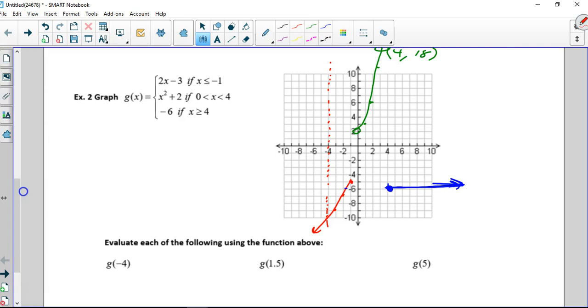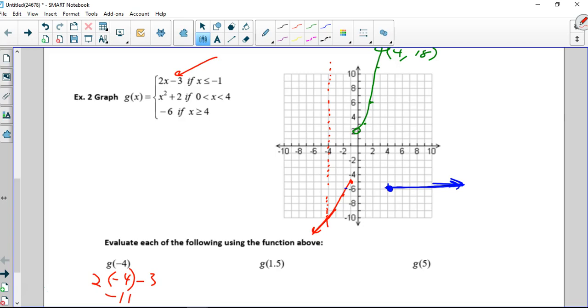It's not going to hit the horizontal line. It's only going to hit this first one, which means we plug in -4 to 2 times x minus 3, which is going to be -11. Mine kind of bent here, but it would go down here and it would hit a -11. We'll get off the chart.